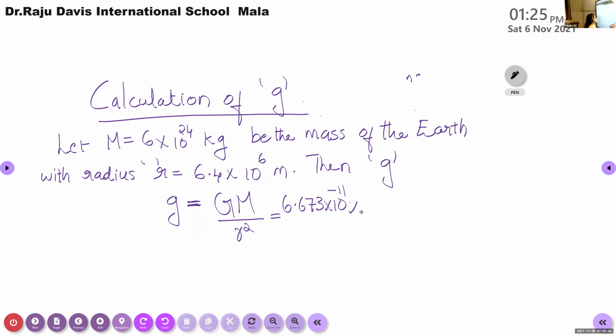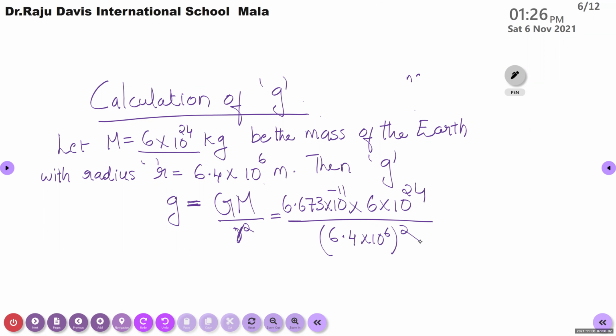And what about the mass of the Earth? Here the mass of the Earth is given. It is 6 into 10 raised to 24 divided by the radius of the Earth, 6.4 into 10 raised to 6. But here we need to take the square of the radius, so 6.4 into 10 raised to 6 the whole square.